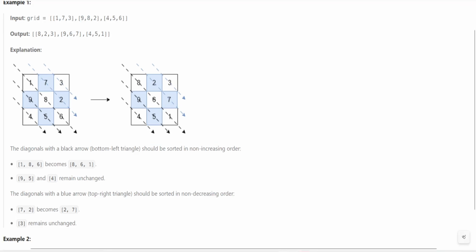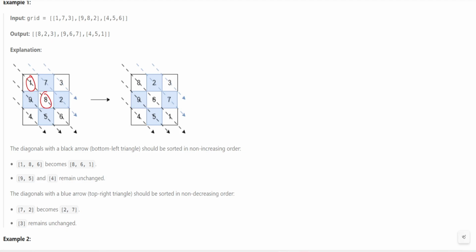So let's suppose the cells on the same diagonal, right? For now I am talking about the main diagonal, or we can share the same thing with the other diagonals also. The cells on the same diagonal share the same value i minus j.